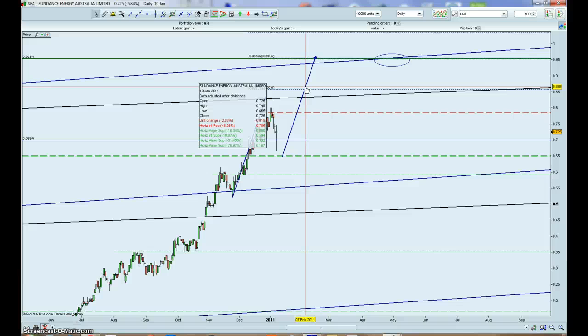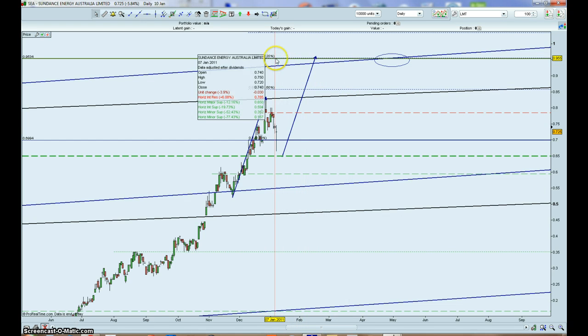So that blue, if that range was to repeat there, then that would take you up to the 38.2 fib, and you'll have traders looking at that as a target, and hopefully you'll have another set of traders looking at this upper blue tine.